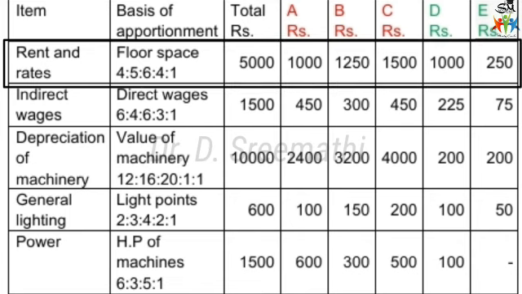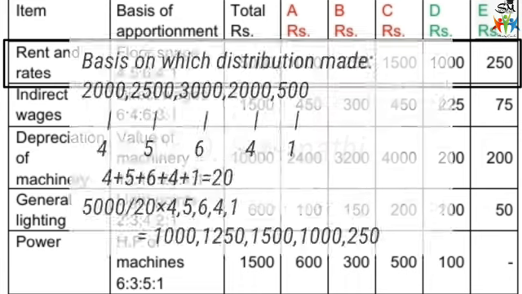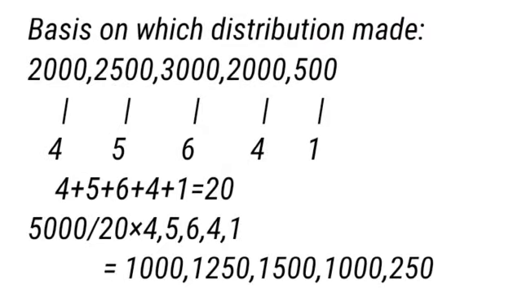How should it be apportioned to the departments? It is on the basis of floor space. The total floor space is 10,000 square feet, so it should be divided among the departments in a certain ratio. 10,000 should be divided as A 2,000, B 2,500, C 3,000, D 2,000, E 500 square feet.